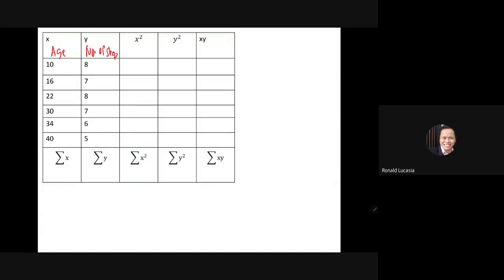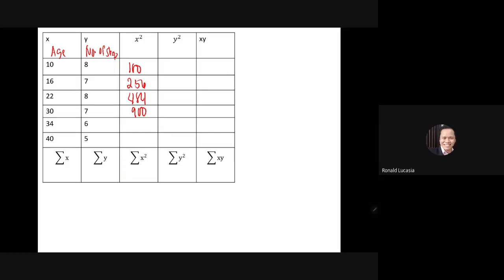What's X squared there? Anyone from the class? 100 po. That's correct, Kiana. Sige, you continue. 256 po. That's correct. 484, sir. That's correct. And 900. Good.